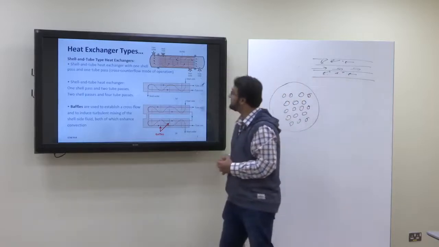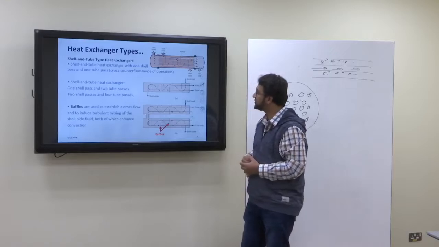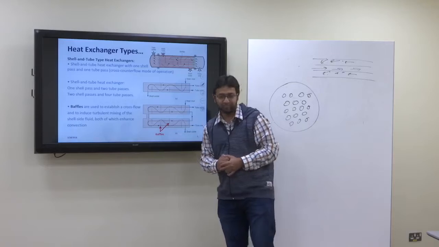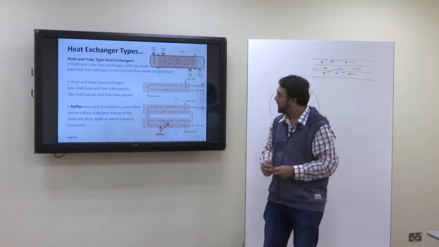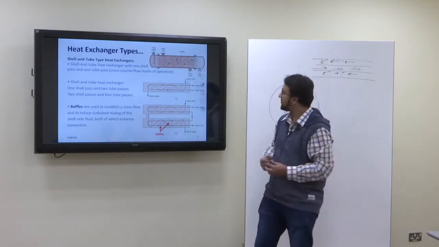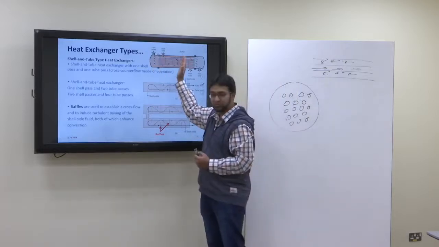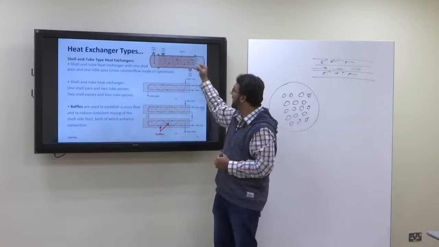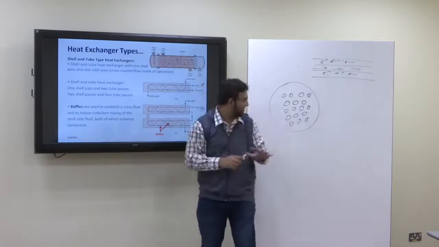So let's study the construction. In the shell and tube heat exchanger, what we want is that we have fluid going through the tubes, and then we have the fluid which is there in the shell region.